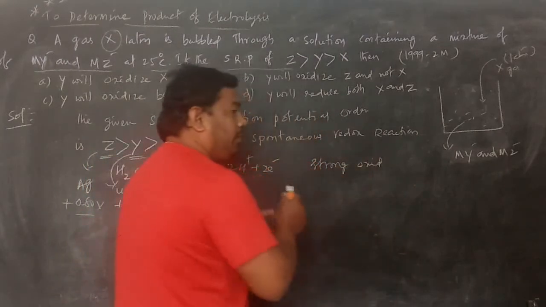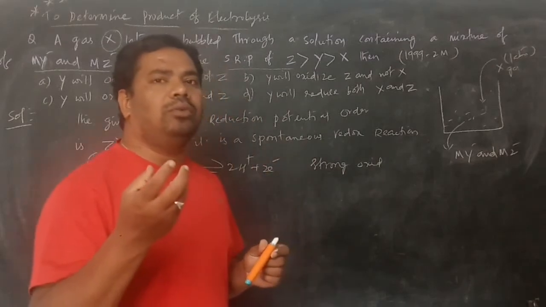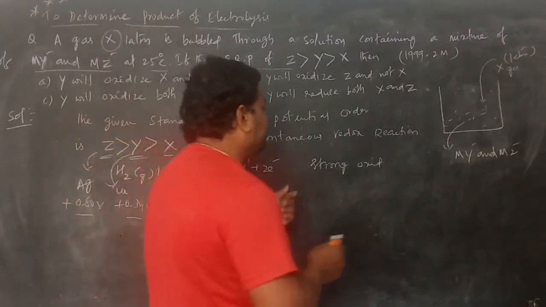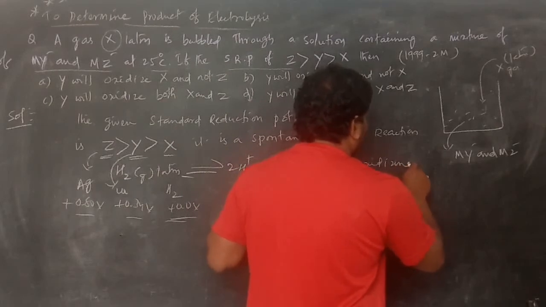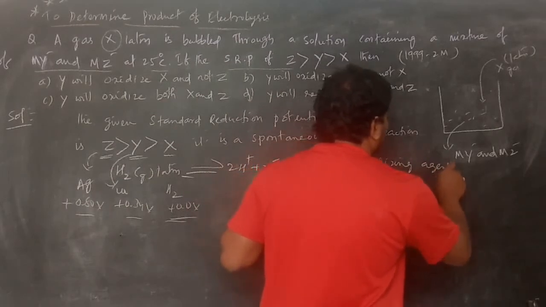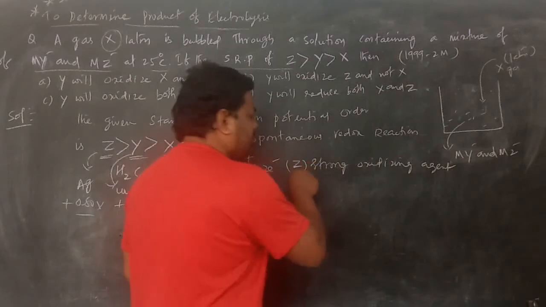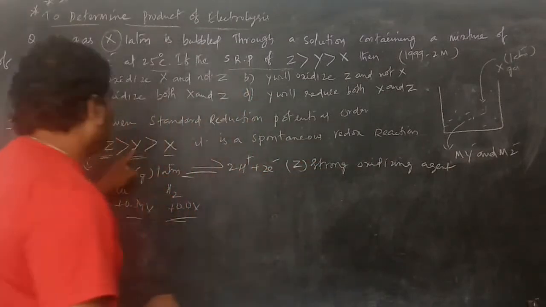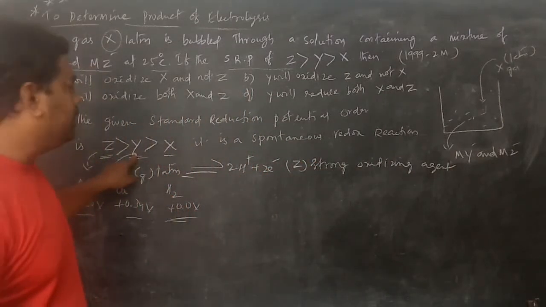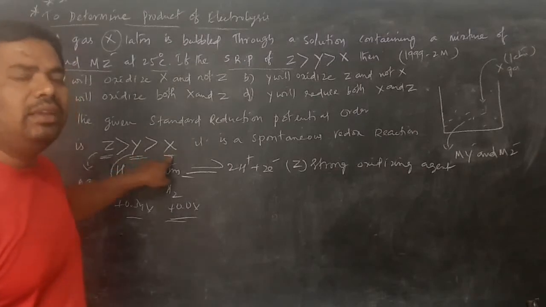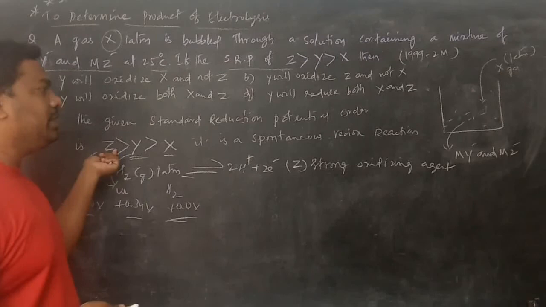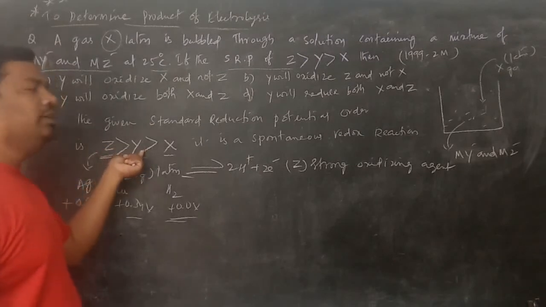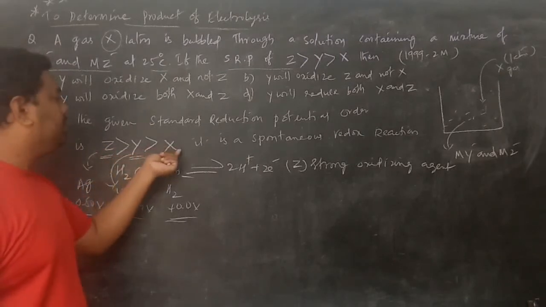Remember, student, if the reduction potential value is more, it is a strong oxidizing agent. So Z is a strong oxidizing agent, and Y is also an oxidizing agent.